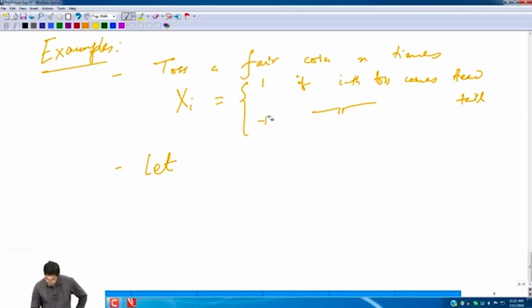So let me change this definition a little bit. Suppose if it comes tail, I define it to be 0, just a function I am defining, and now let x be the number of times that head appears.